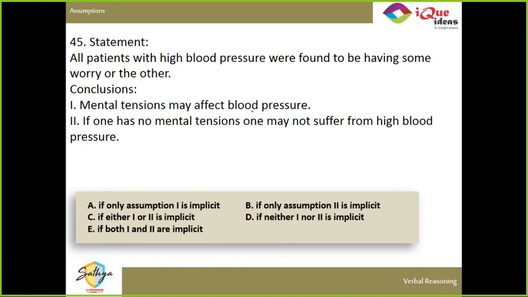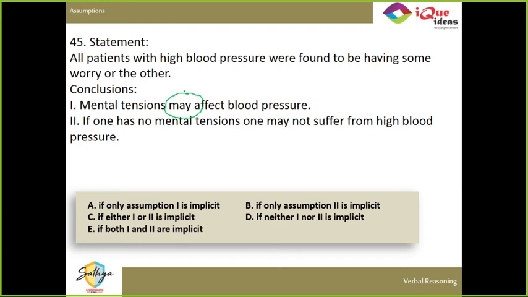All patients with high blood sugar were found to have some worry or the other. So, mental tension may affect blood sugar. Right? The word may is superb. If the word was it definitely affects blood sugar, that is no guarantee. But yes, if high blood pressure and worries are found together, it is possible that mental tension is affecting blood pressure.